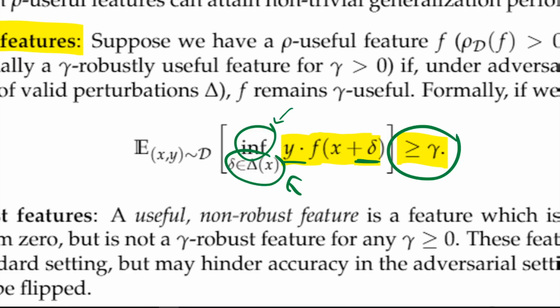So whatever we try to make the feature bad for the classifier, basically, we can't, right? If this holds for a feature, then we call that feature a robust feature, right? Then that feature is robustly useful. If it correlates, no matter how hard we try to make it not correlate.